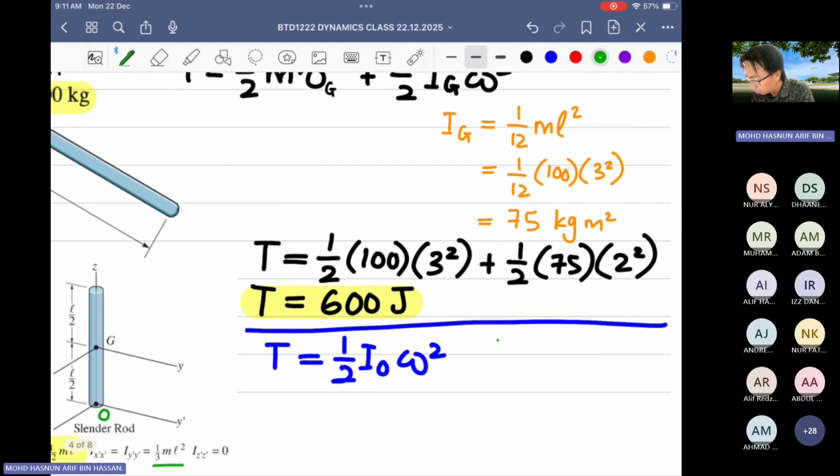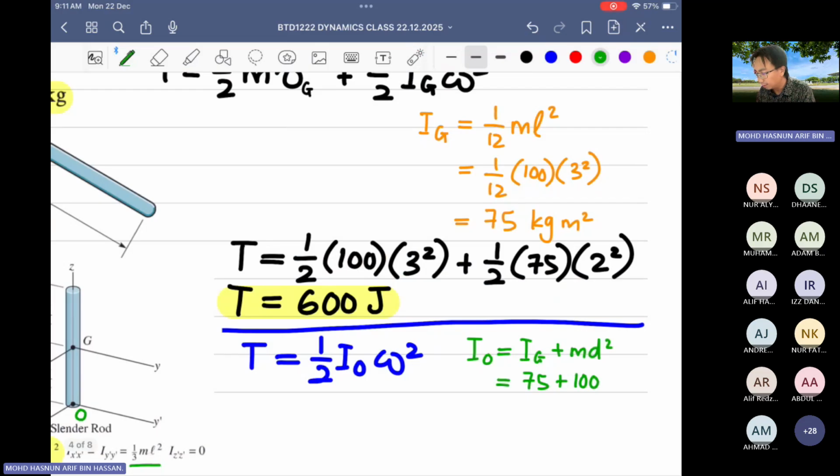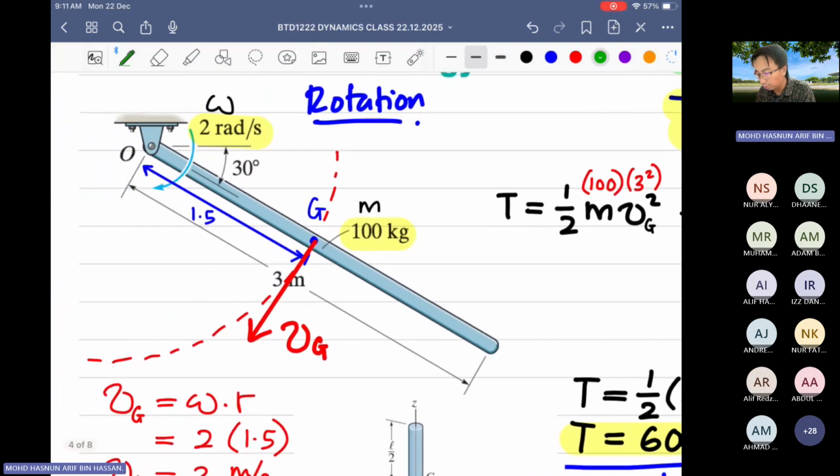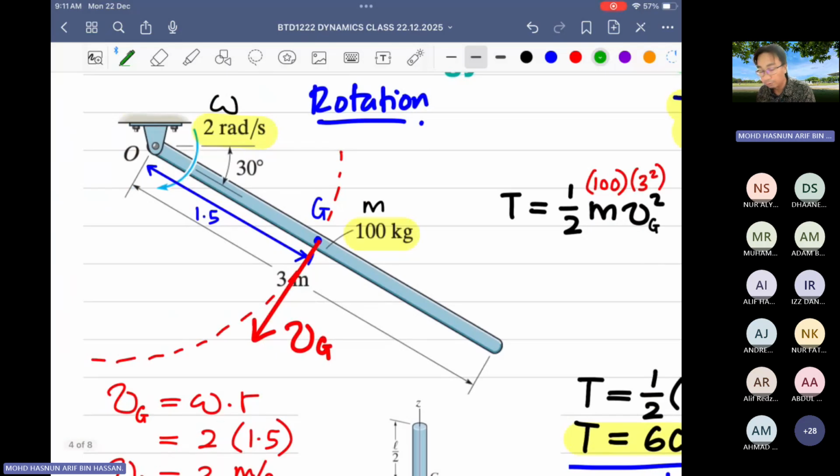So IO using the parallel axis theorem is equal to IG plus MD square. IG we have 75, mass is 100, and D is the distance between O and G. When you refer to the picture, the distance from O to G is 1.5.